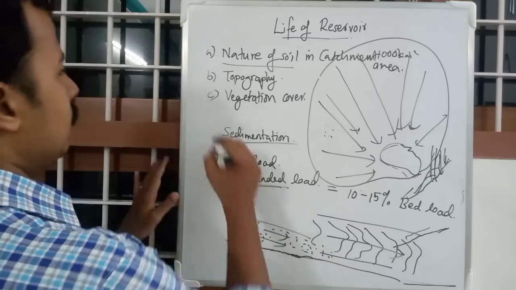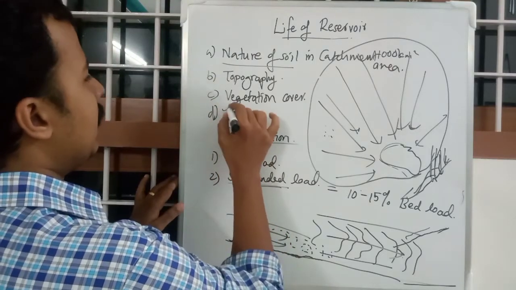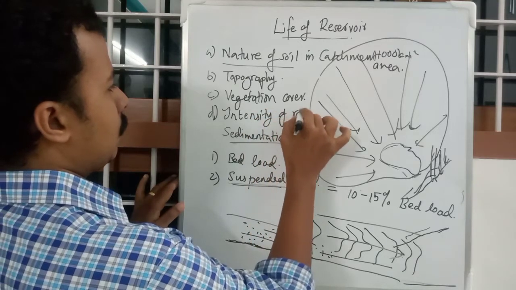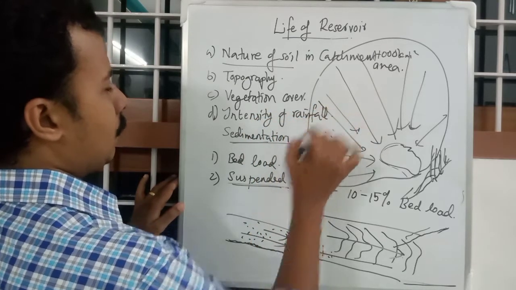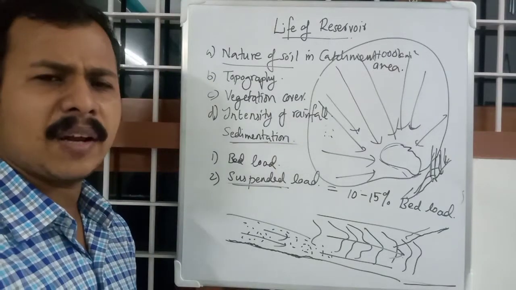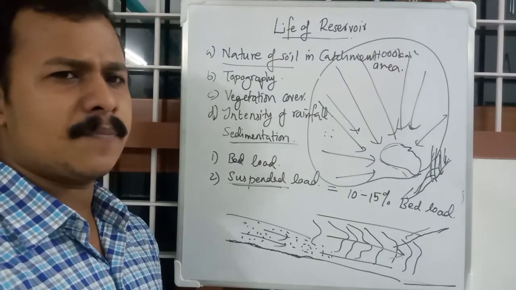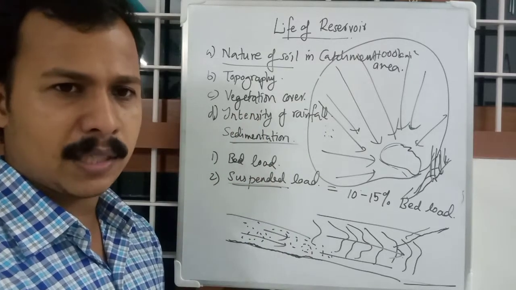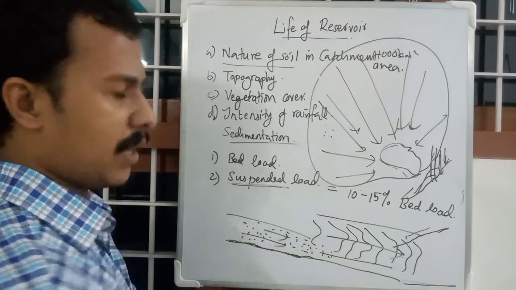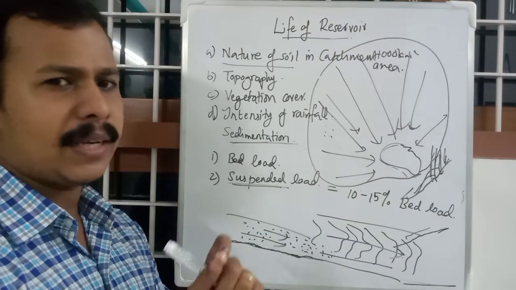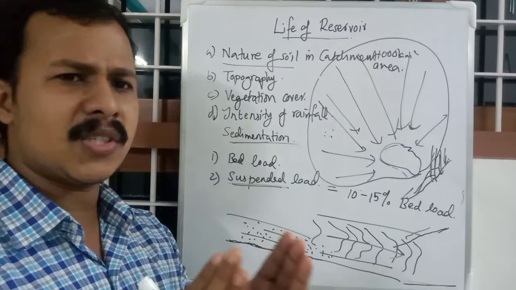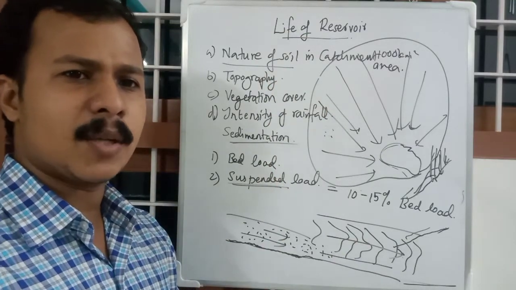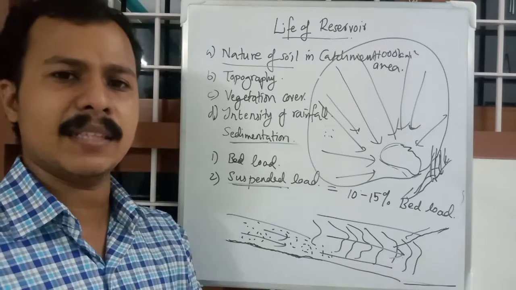And the last one, intensity of rainfall. Intensity of rainfall is also very obvious. This is not about the duration of rainfall or the total amount of rainfall, it is just about intensity. If only for 5 minutes heavy rain is happening, much more soil will be dislodged from its original location and will be traveling with the water.